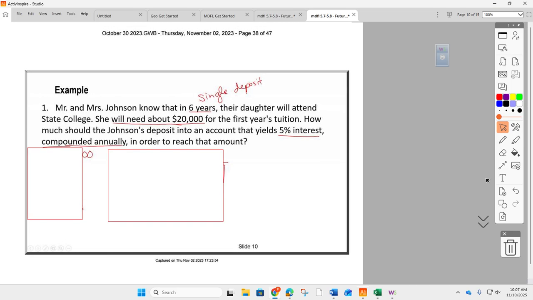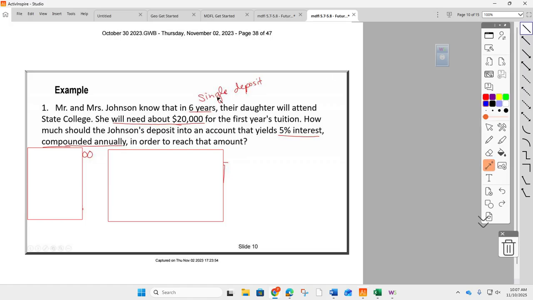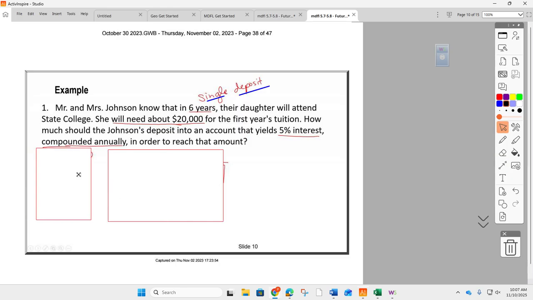So what are some other things that we need to note here? What is the $20,000? If we recognize that we're looking for the payment of a single deposit, these are the things we need to be able to identify. The last couple of problems are A with a question mark.